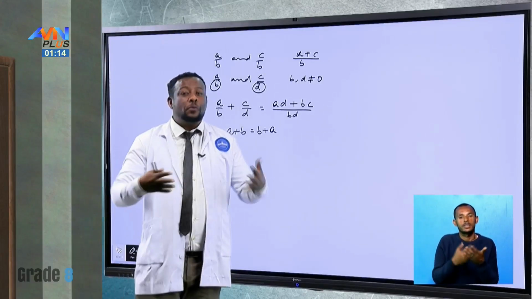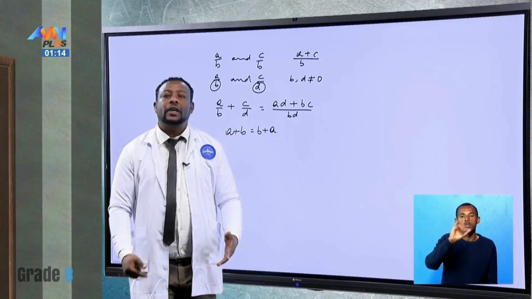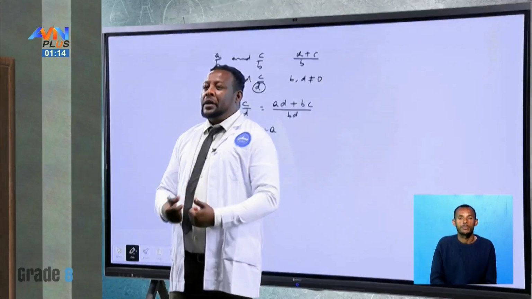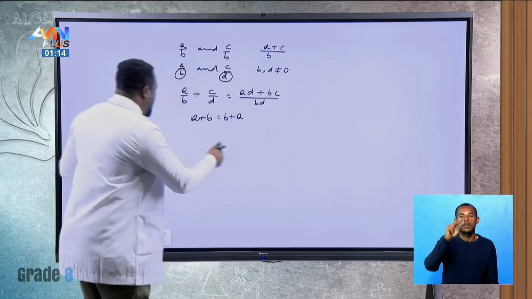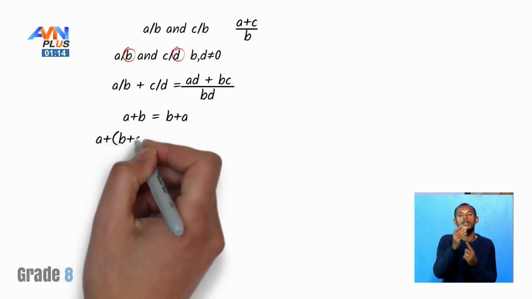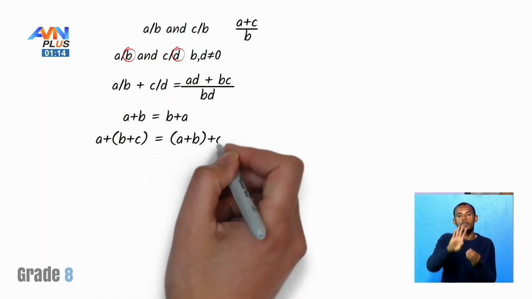The third property that we have seen regarding addition of fractions is the associativity property. Here, the associativity property is a property satisfying this condition: a plus b, plus c, is equal to a plus, b plus c.